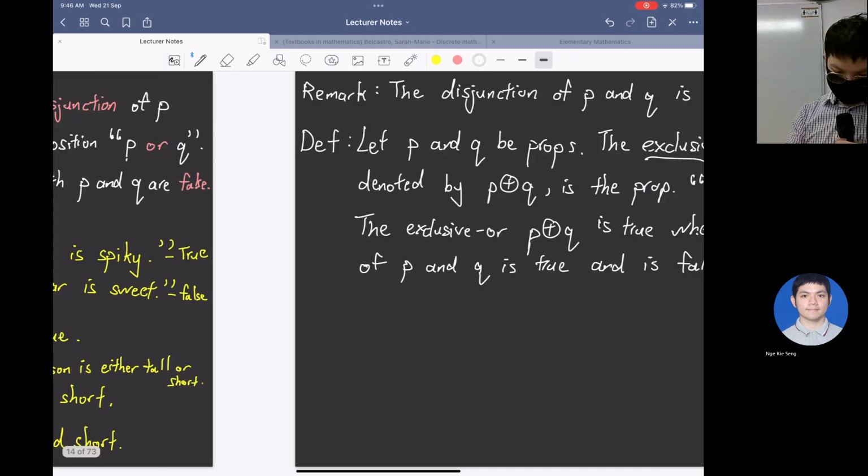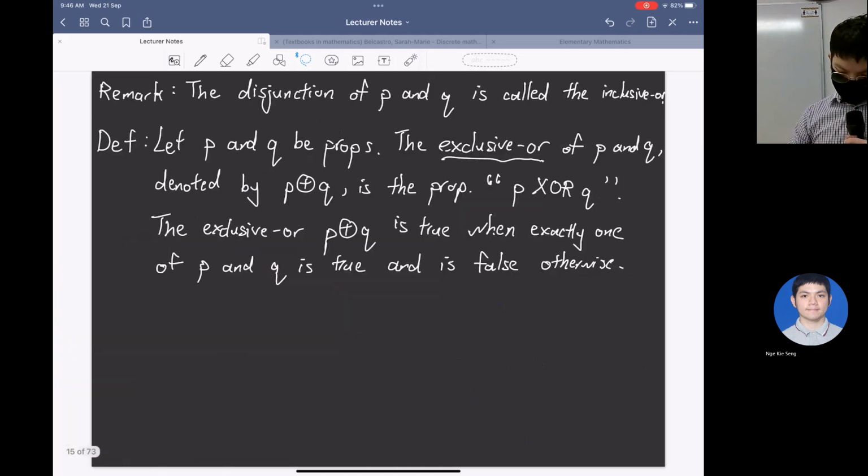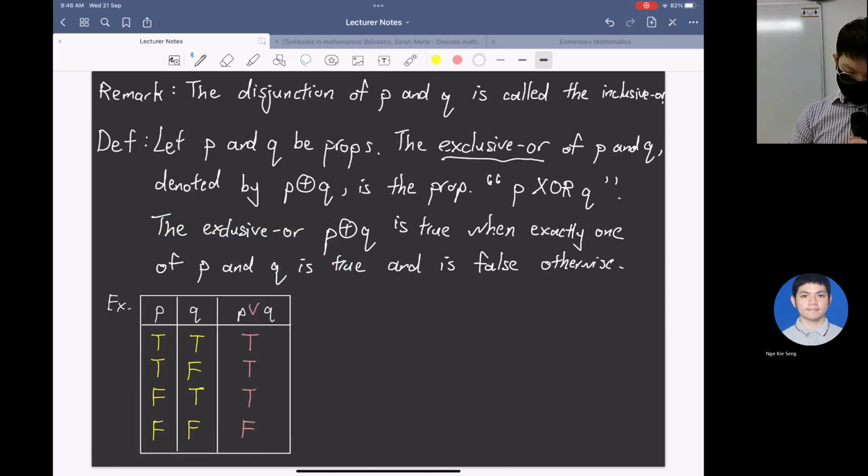Okay, now I copy the table. If P is true, Q is true, P XOR Q is what? False. True, false? True. False, true? True. False, false? False. Okay, then you might think, what is it for?